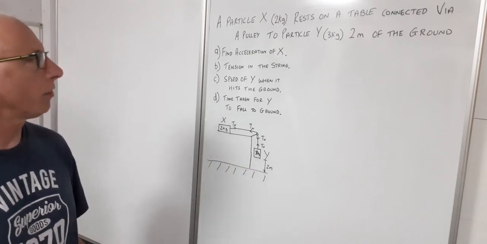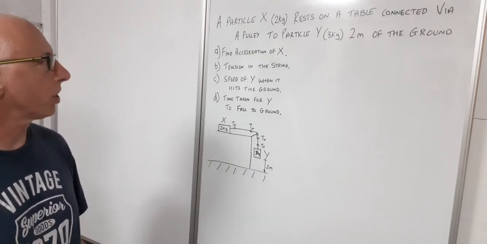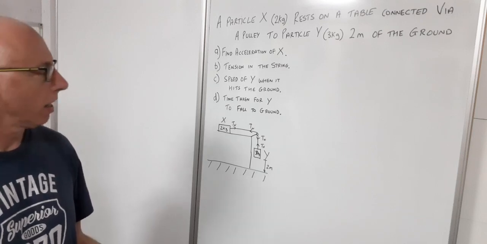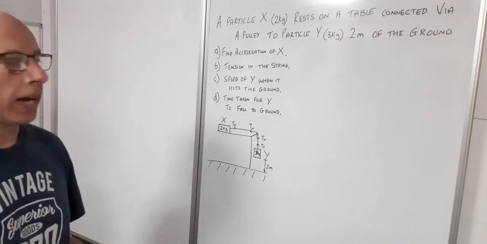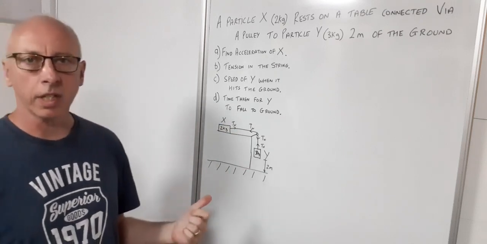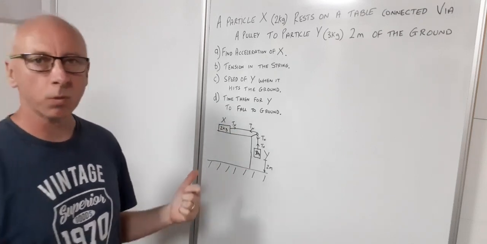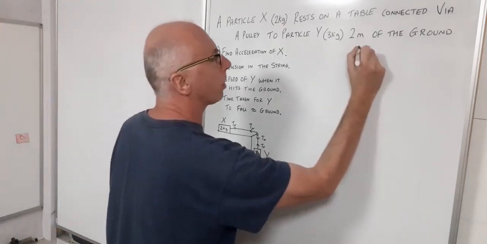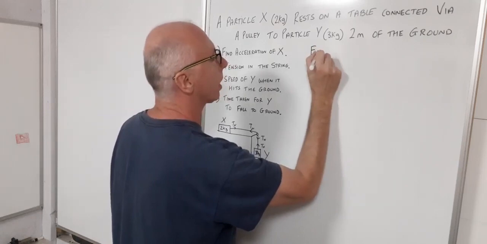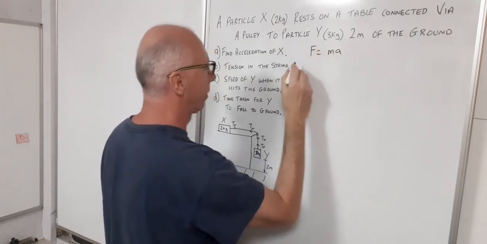Okay, so first of all, let's find the acceleration of this particle X as this thing Y starts to fall. Now for that, we can use Newton's law, force equals mass times acceleration. So we use force equals mass times acceleration.